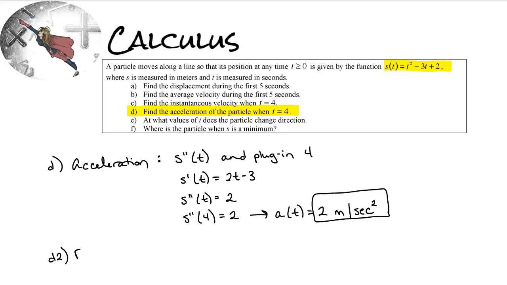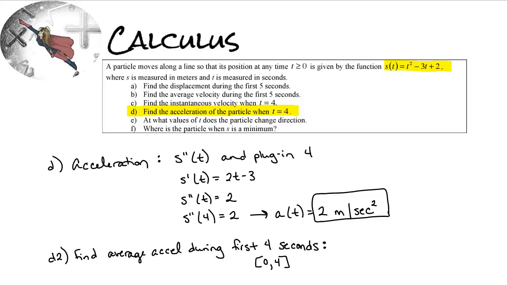What if they said find average acceleration during the first 4 seconds? Well, whenever we did one with average velocity, but I just wanted to point out, whenever they ask for average anything, you plug in the interval, which would be 0 to 4.